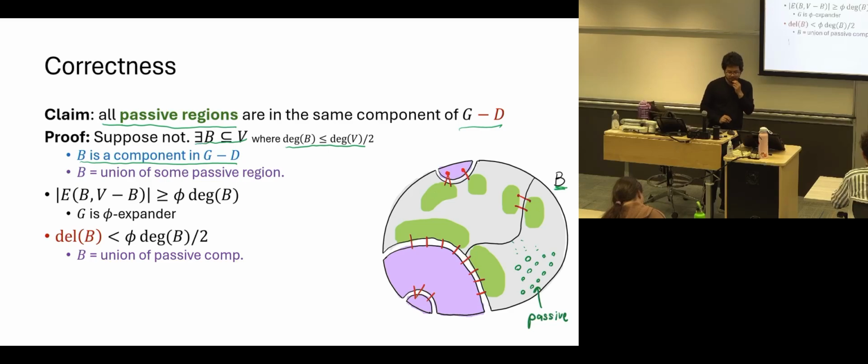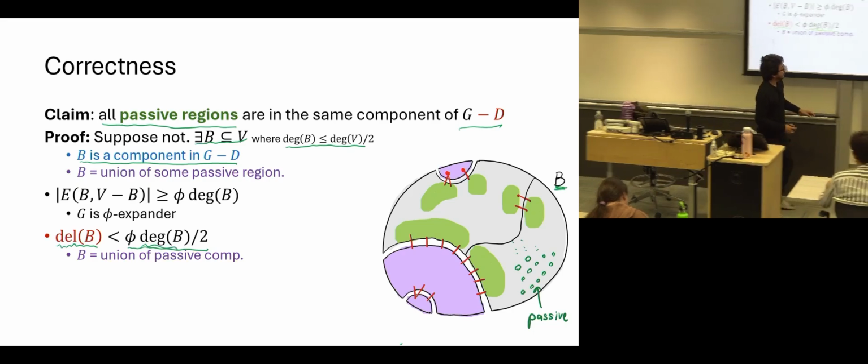But at the same time, what do we know? We know that the number of deletions incident to B must be small compared to the volume of B. Why?